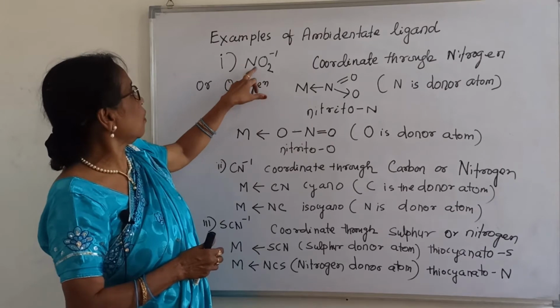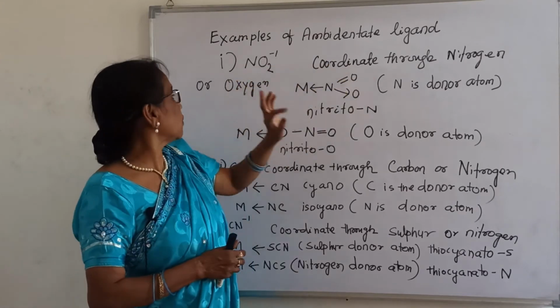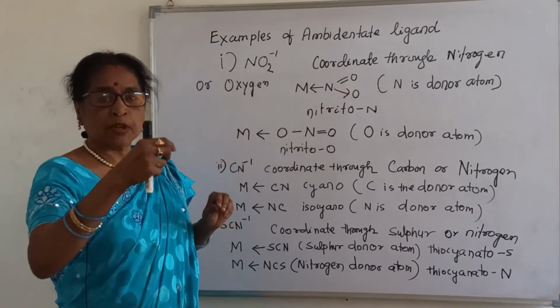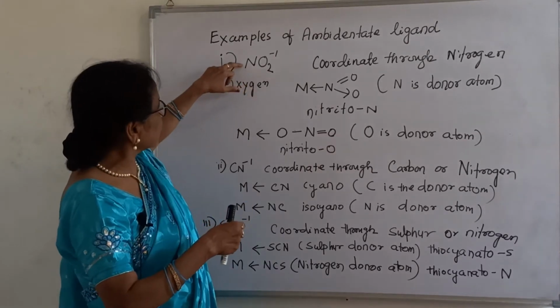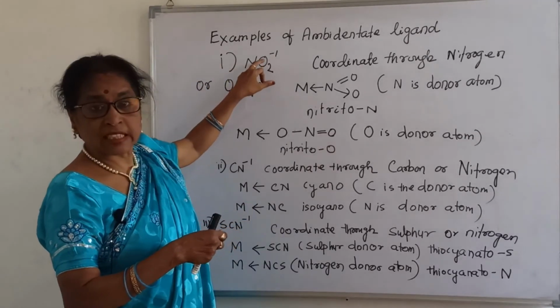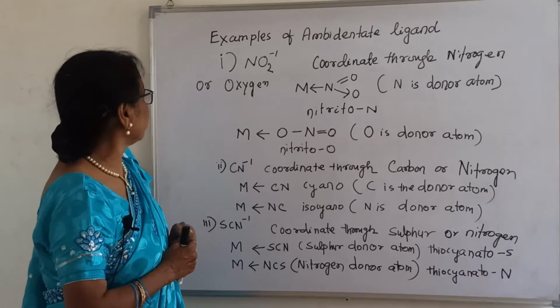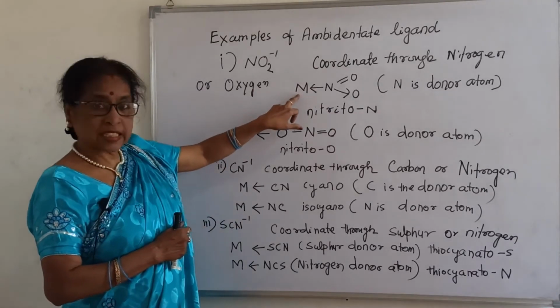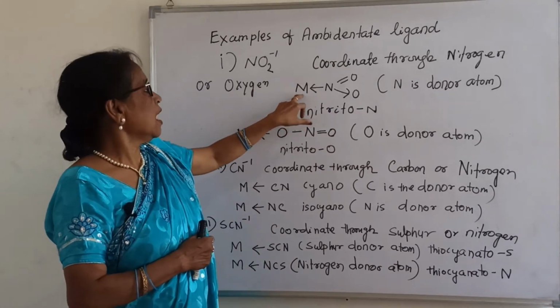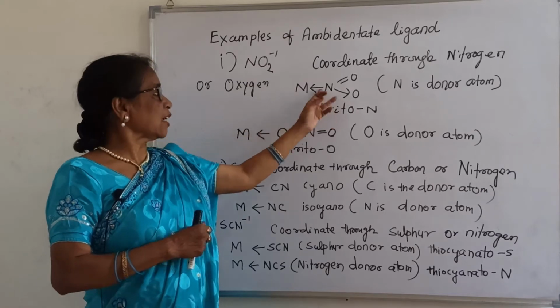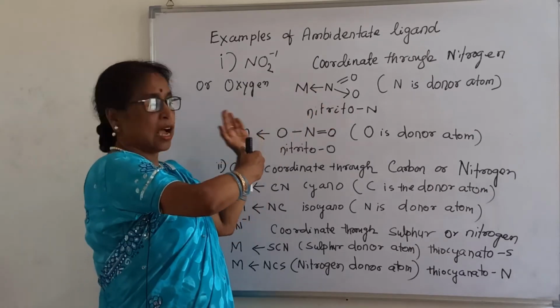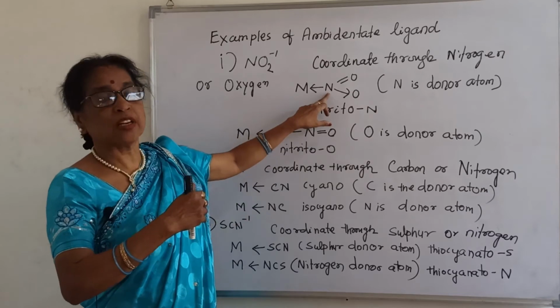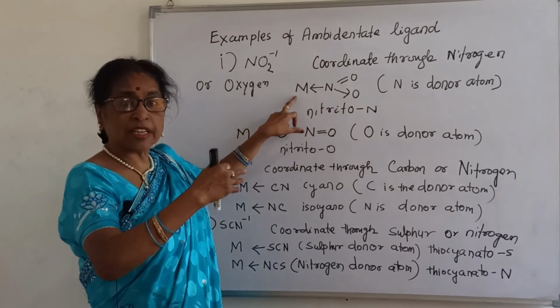Now see, NO2 coordinates through nitrogen or oxygen to the central metal atom. If this is the central metal atom or ion and nitrogen moves towards the central metal ion, it will donate a lone pair of electrons to the central metal atom.